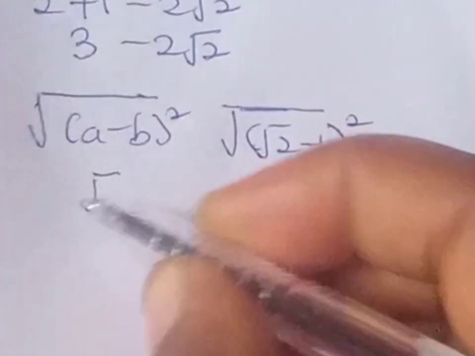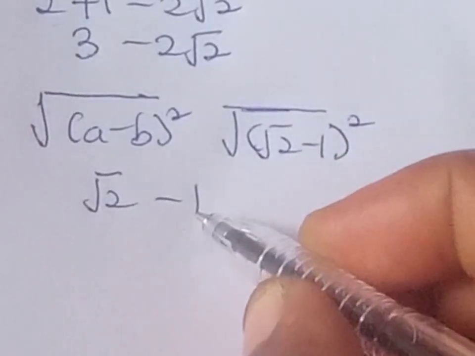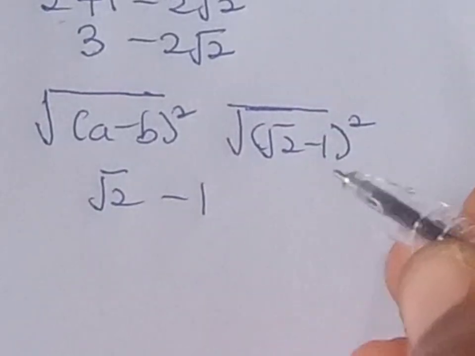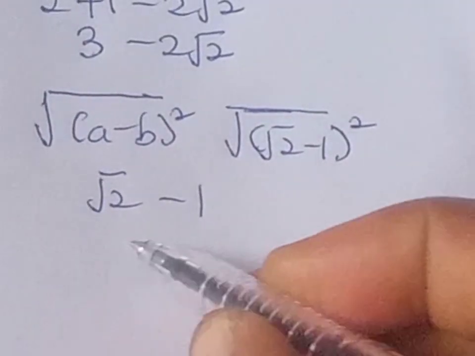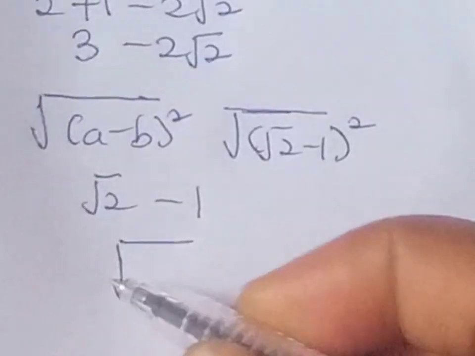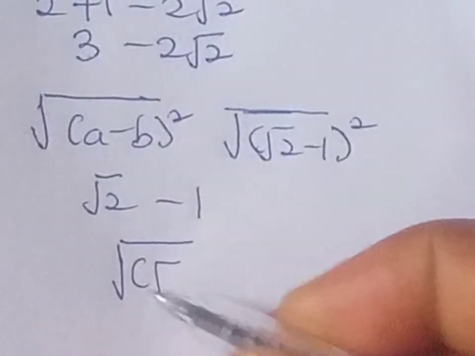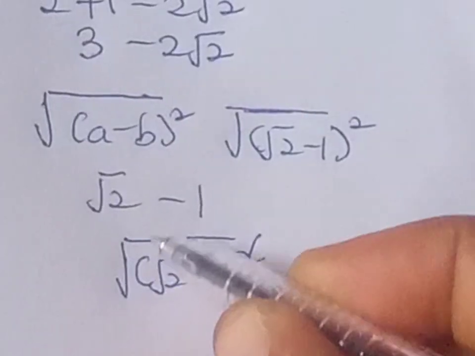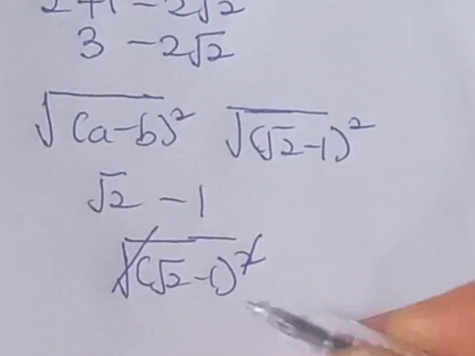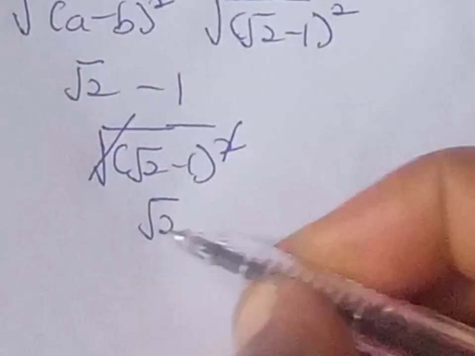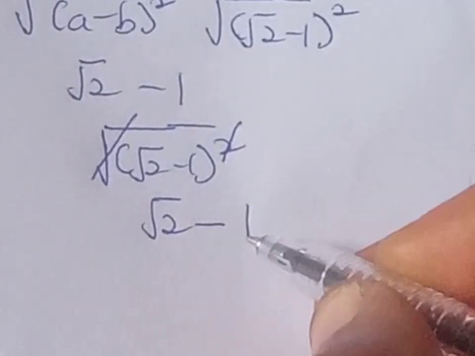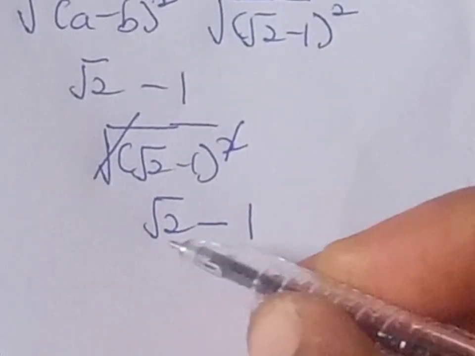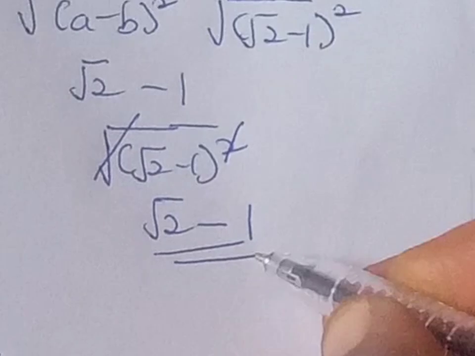Since root 2 minus 1 is positive, the square root simply removes the square. So the square cancels the square root, and we are left with what? Root 2 minus 1. So without using the calculator, our final answer is root 2 minus 1.